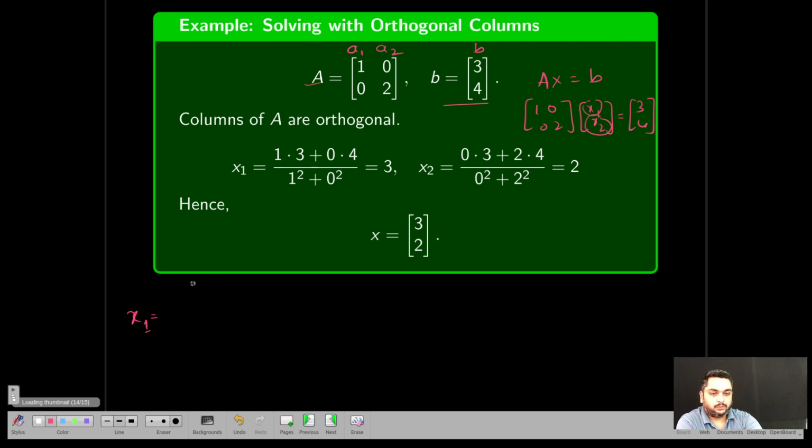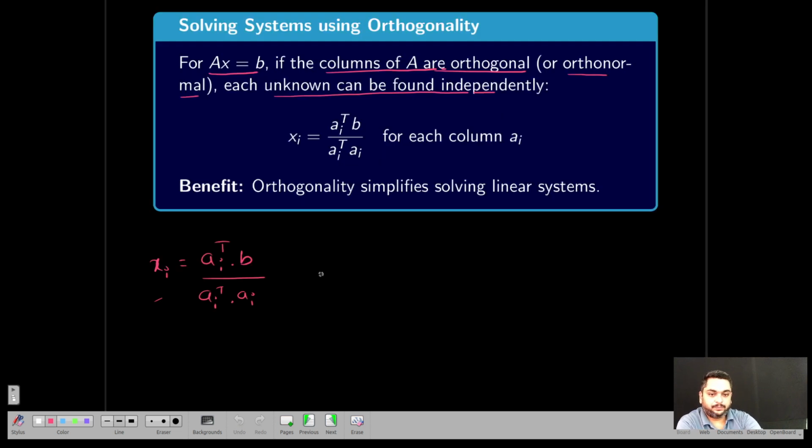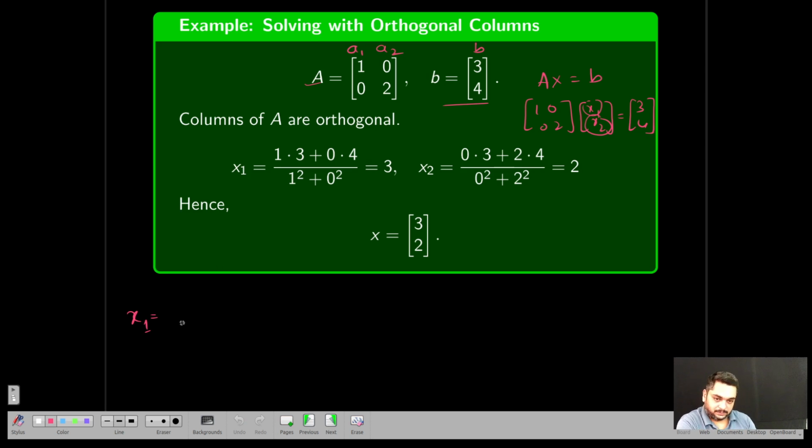So what do you have to do? x1 is equal to a1 transpose into b divided by a1 transpose into a1. What is a1 transpose? a1 is 1 0, its transpose is 1 0, a row vector, into b. b is the column vector 3 4, divided by again a1 transpose into a1.